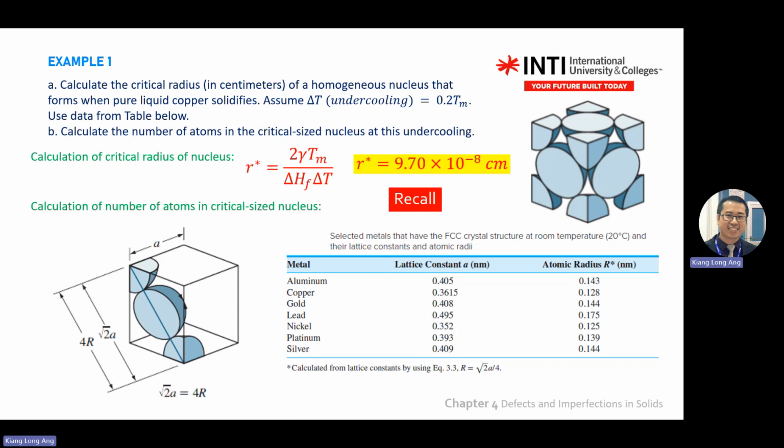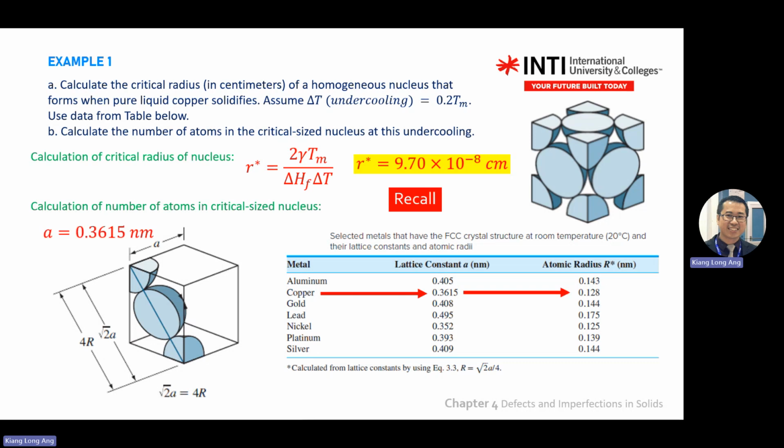Here to here is 4R, so you equate these two. 4R equal to square root 2A, then R equal to square root 2A divided by 4. If you forget, go home and revise chapter 2.